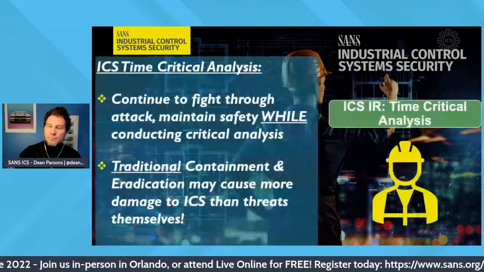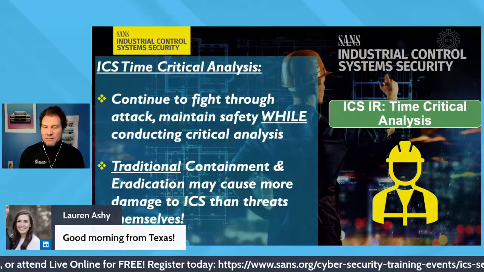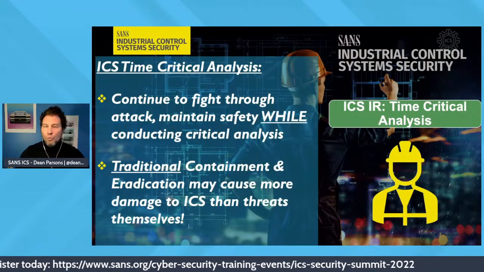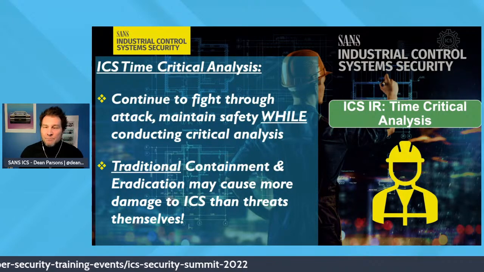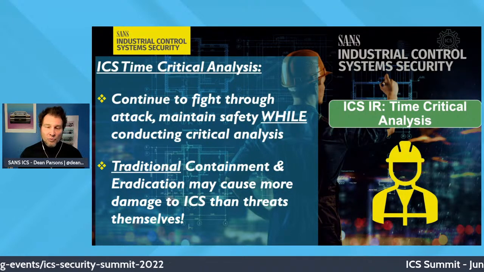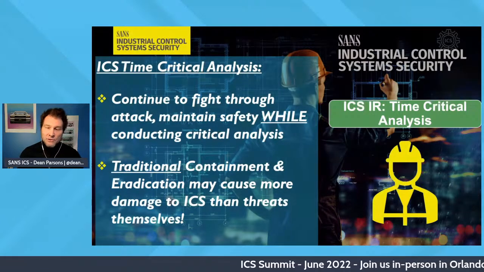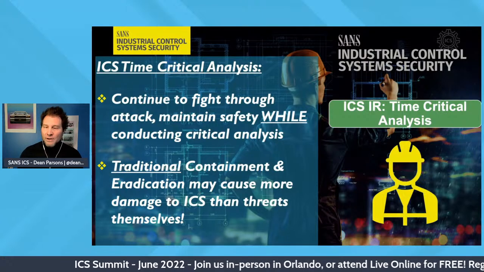we go through. Now, specifically, the difference between IT incident response and control system incident response is that typically in ICS, we are walking through and continuing to fight through the attacks. So things like maintaining safety, reliability of operations, the control systems, maintaining their uptime, and control system integrity continues to operate while we're doing our analysis.